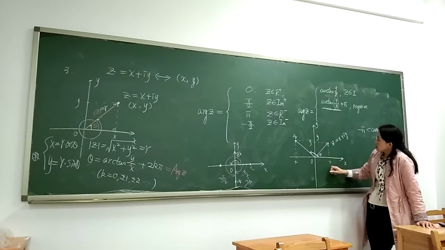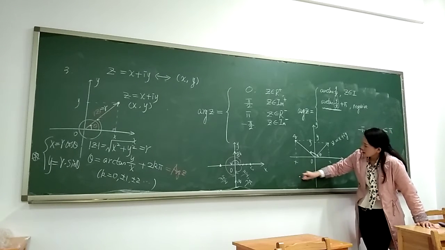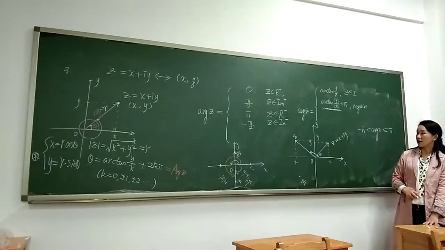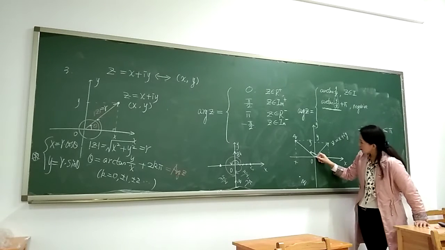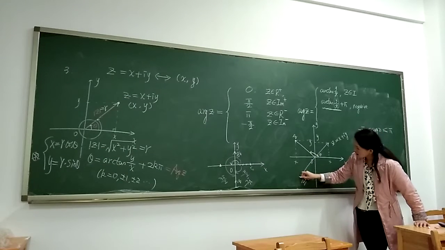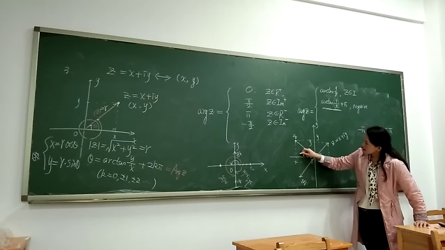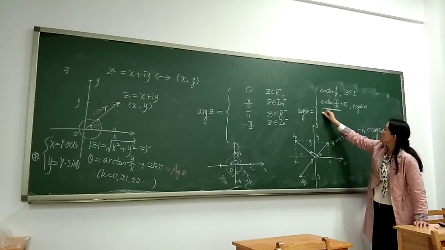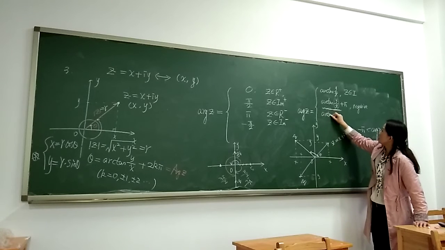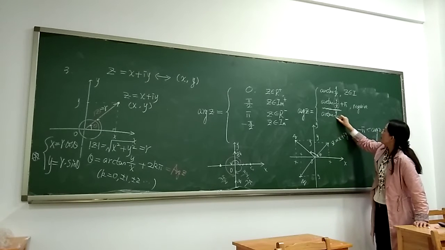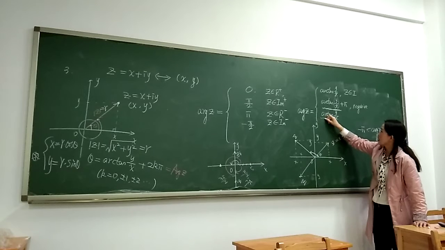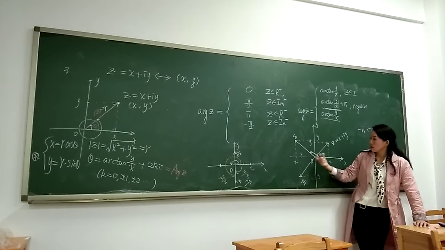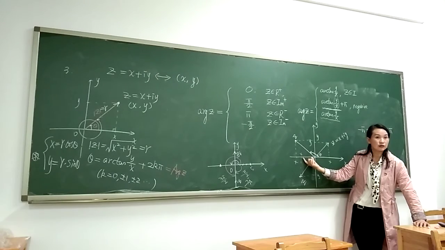Continue. If z is here, you know, this is x, this is y. If you write arctangent of y over x, but this angle, you know, y is negative, x is also negative.